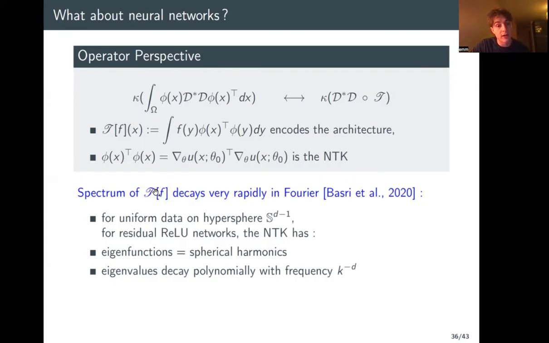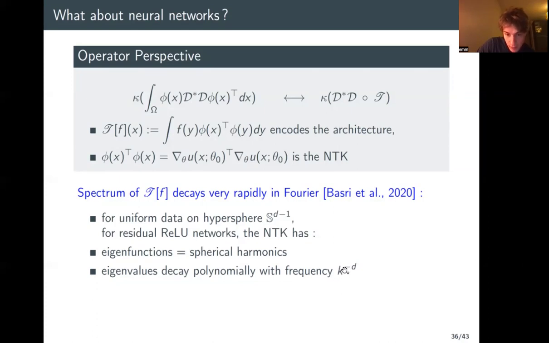And it turns out that, I think this analysis was performed on the sphere, the eigenfunctions correspond to the spherical harmonics or something like that, and the spectrum for the residual value network decays very fast.